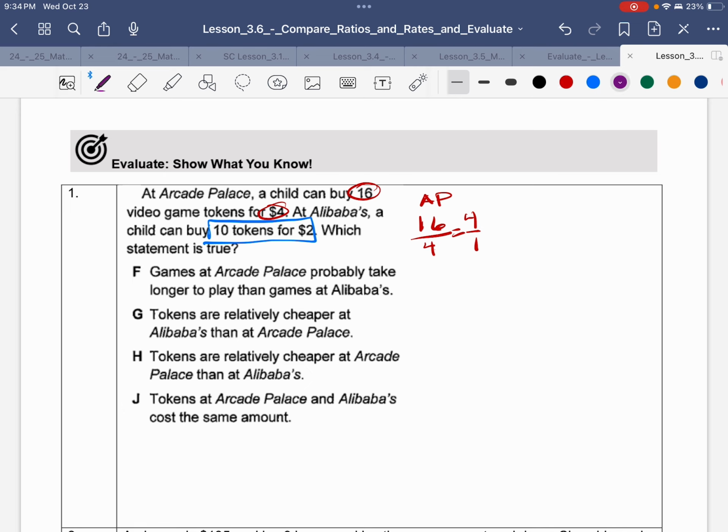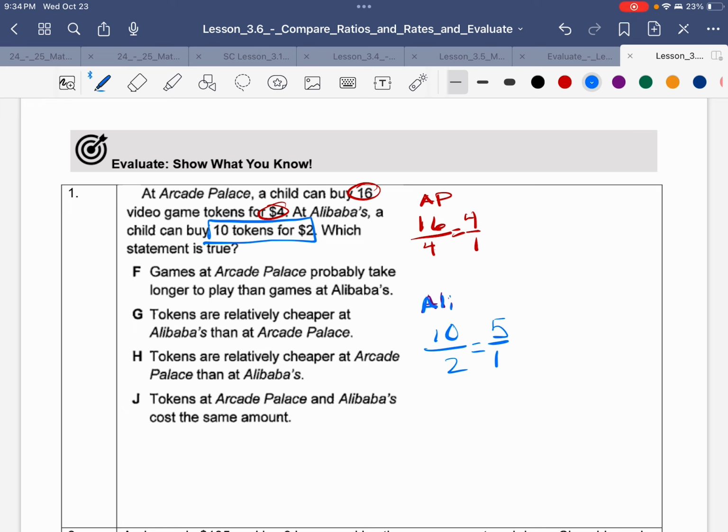And then Alibaba, whoops, I did that in blue. Alibaba is 10 tokens for $2. So for $1, we get 5 tokens, I should say. And over here, $1, we get 4 tokens. So at Alibaba, you get more tokens.